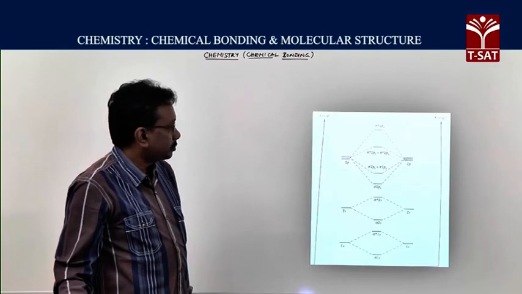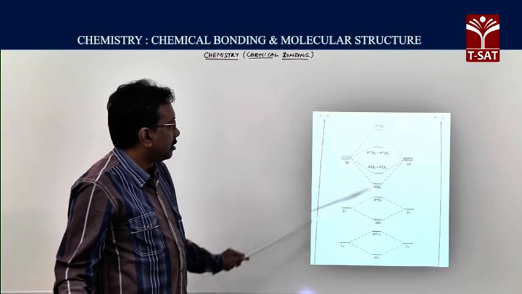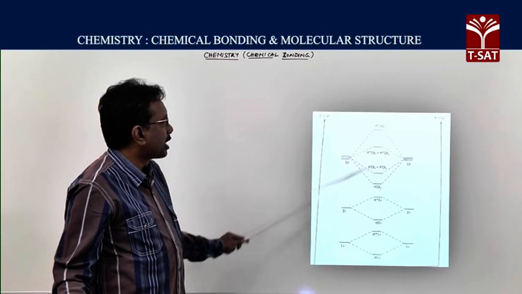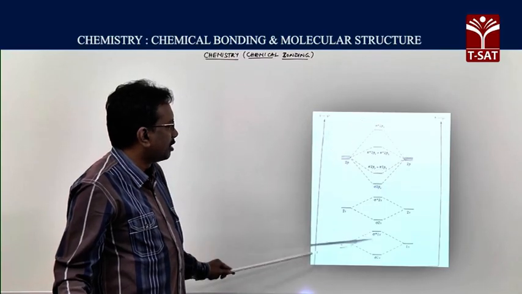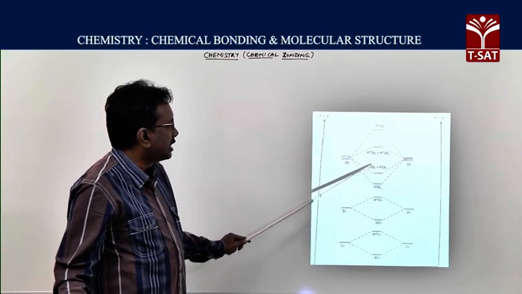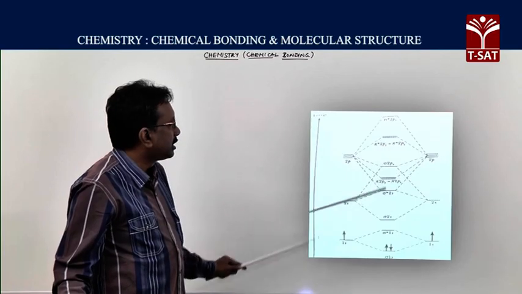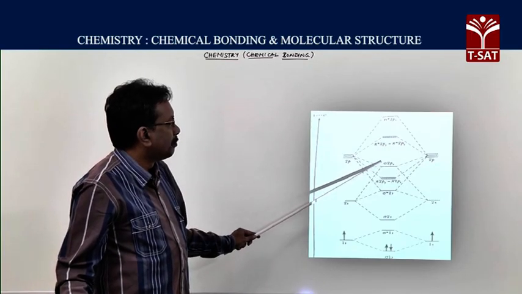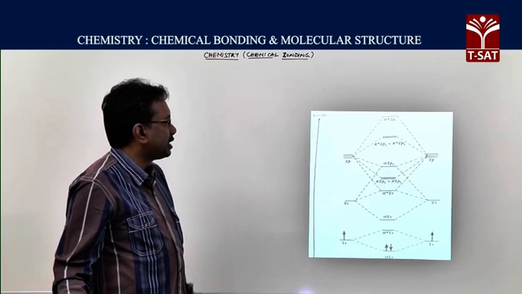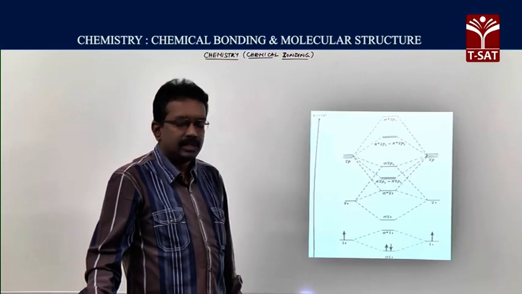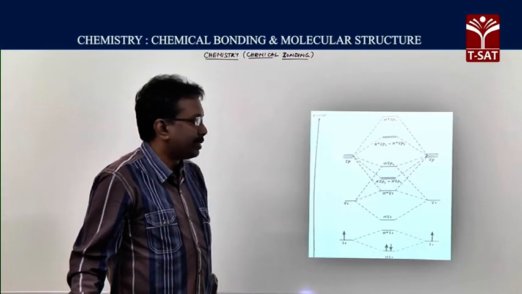So, in this MOT, molecular orbital theory energy level diagram, sigma 2px has less energy than these two. Now here sigma 2px has more energy than these two. That is the difference you compulsorily have to practice regarding molecular orbital theory.